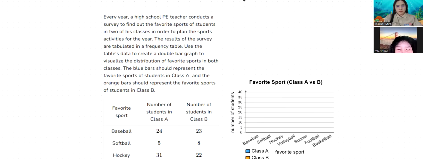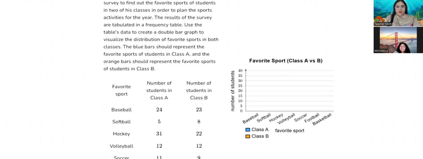The blue bars represent class A favorite sports of students, and the orange bars should represent the favorite sports of students in class B. For this one, anak, we need to graph the given.